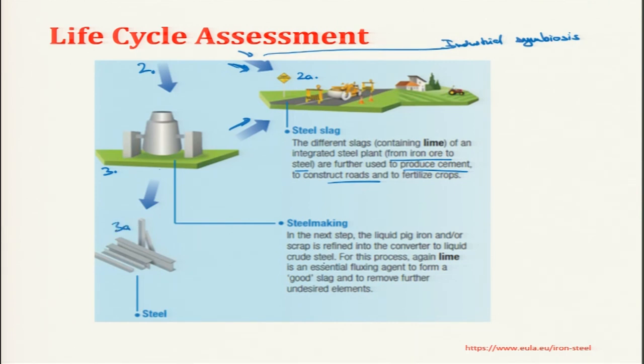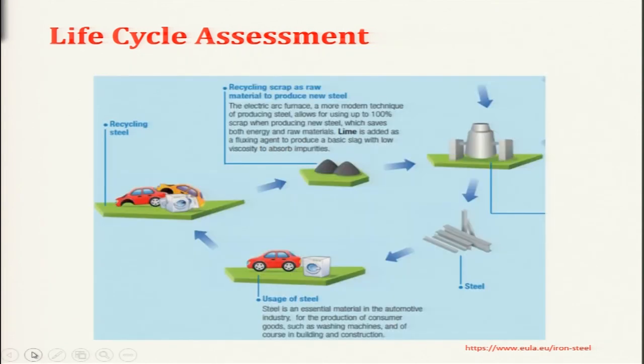In steel making, what happens? The liquid pig iron scrap is refined in a converter to liquid crude steel. For this purpose, again lime is an essential fluxing agent to form a good slag and to remove further undesired elements. Next, after step 3 and 3A, step 4 is the final use.